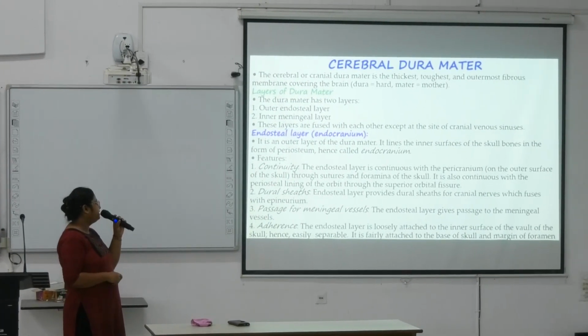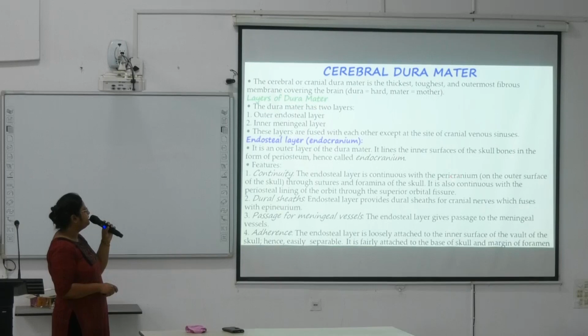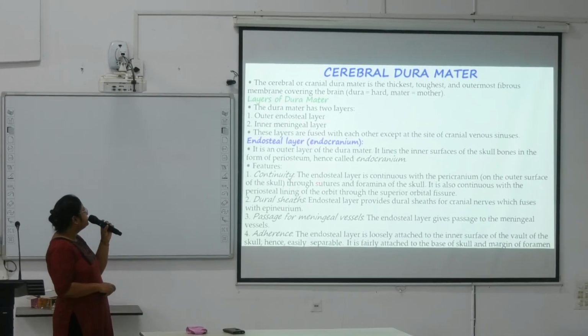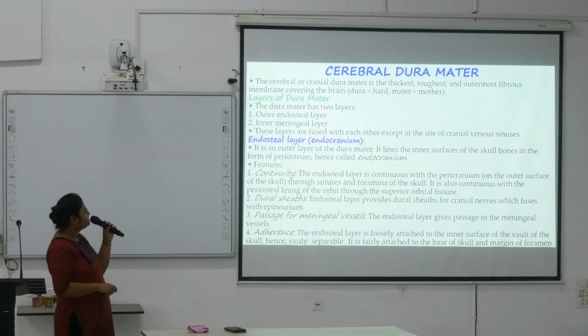Features: continuity. The endosteal layer is continuous with the pericranium on the outer surface of the skull through the sutures and foramina of the skull, and it is also continuous with the periosteal lining of the orbit through the superior orbital fissure. So this is the continuity of the endosteal layer.